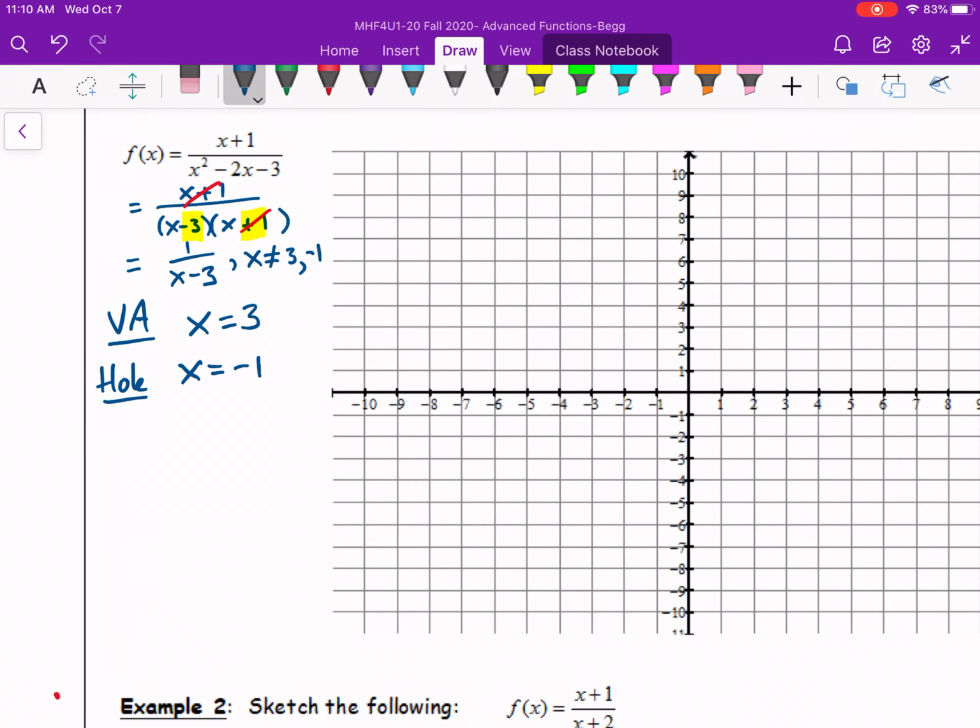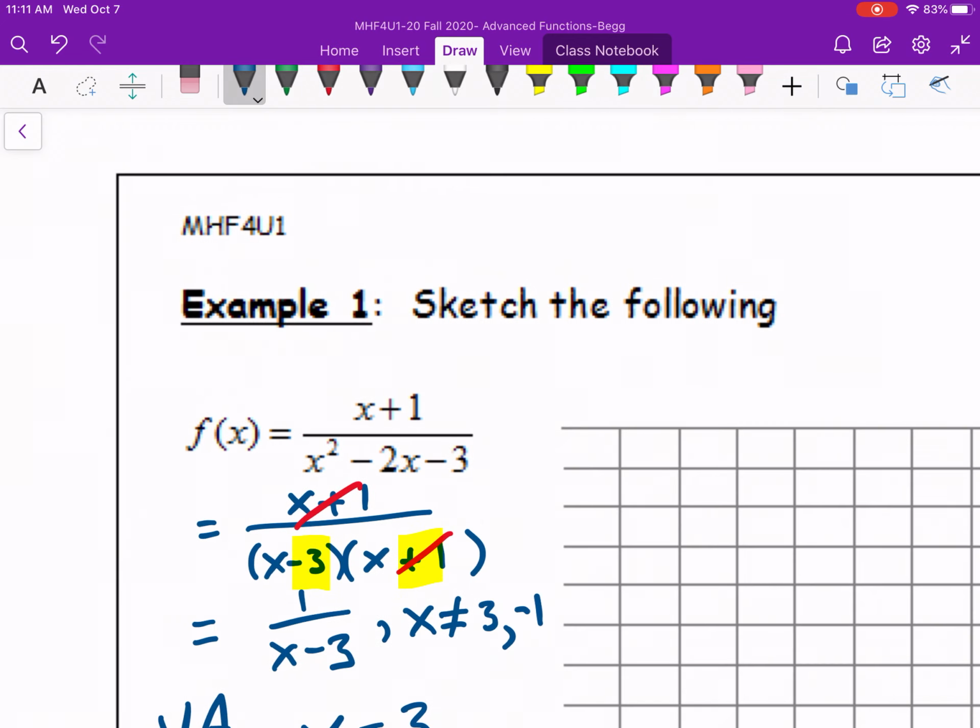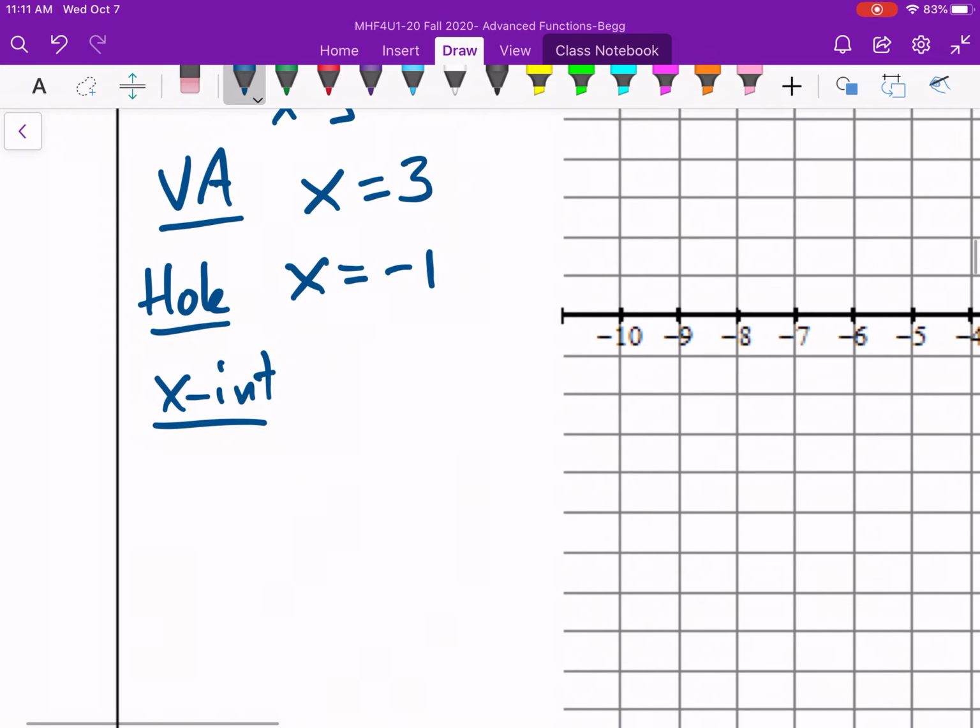But we still want to think about what's the x-intercept. And remember, that's going to occur when f of x equals 0, which is going to occur when the numerator equals 0. So the numerator is x plus 1. X plus 1 will equal 0 when x equals negative 1.